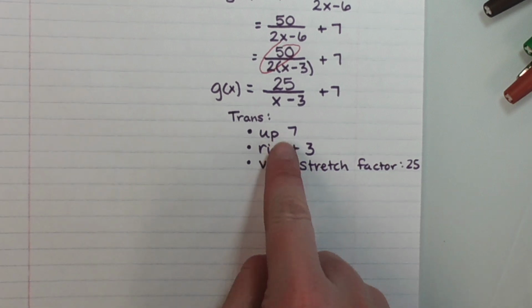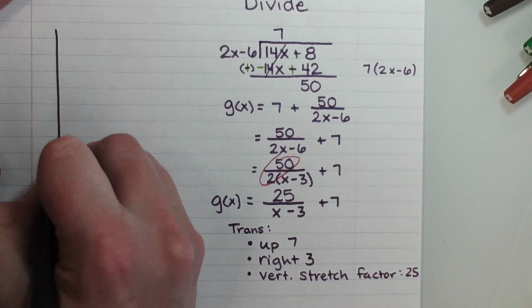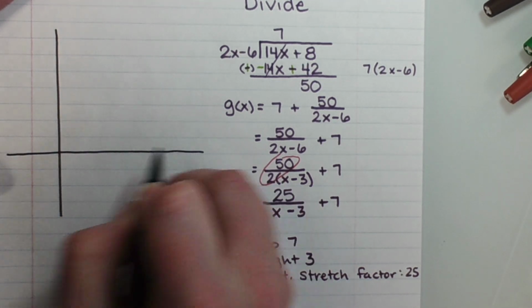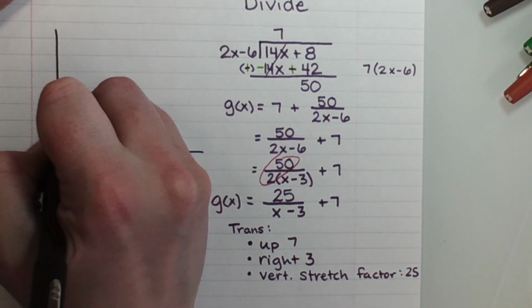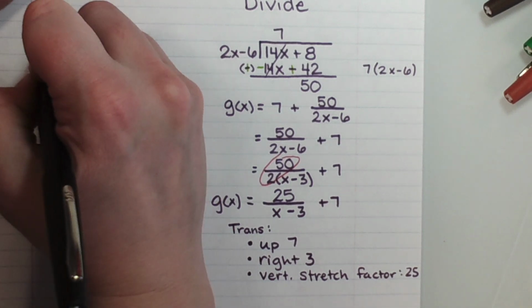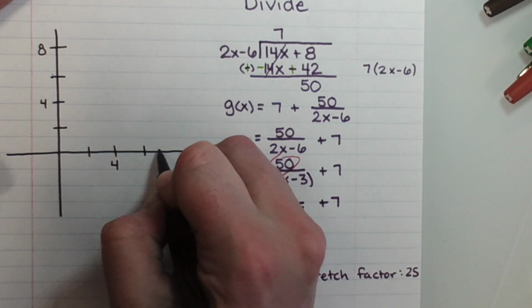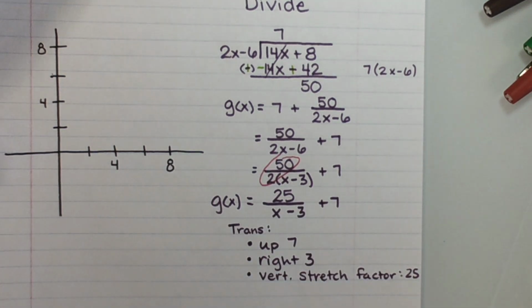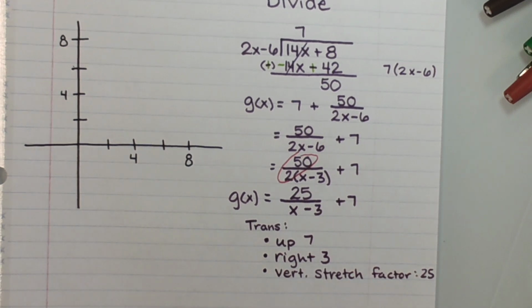Okay, I need more room up and to the right of this graph. Since I have to go up 7, I might count by a bigger number. I might count by 2s. And you could be lazy and label every other one when you're counting by something other than ones. Vertical asymptote.